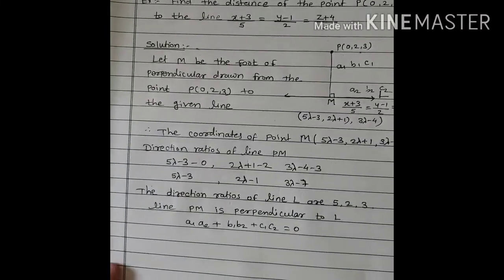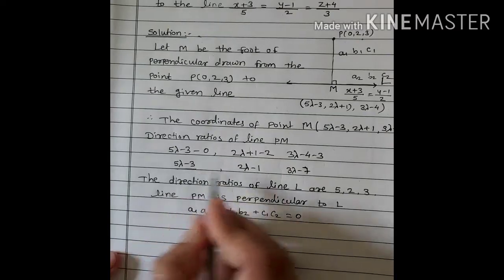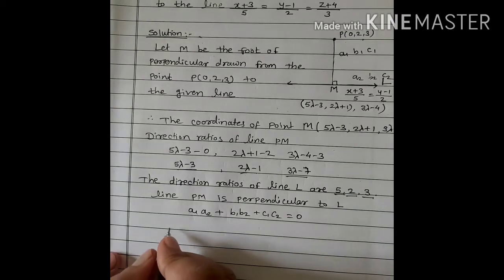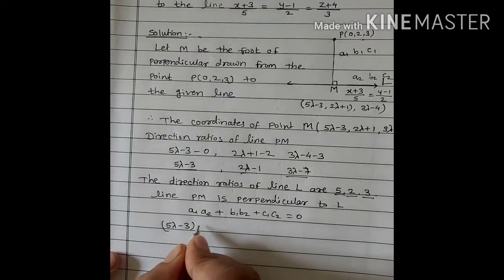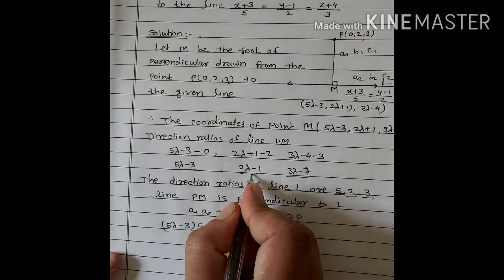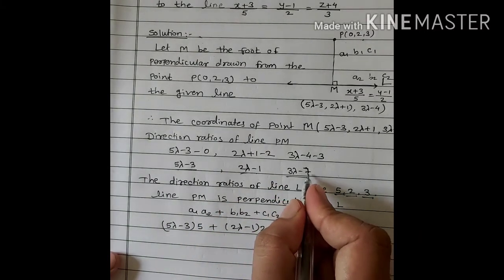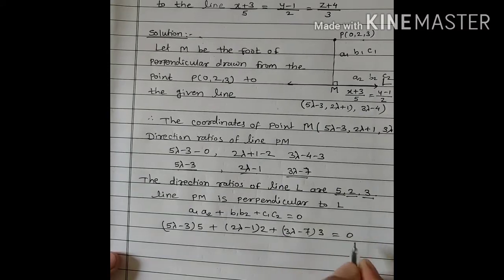Let us substitute values for direction ratios. This is A1, B1, C1 consider, and lines direction ratios A2, B2, C2. We get (5 times lambda minus 3) multiplied by 5 plus (2 times lambda minus 1) multiplied by 2 plus (3 times lambda minus 7) multiplied 3 is equal to 0.